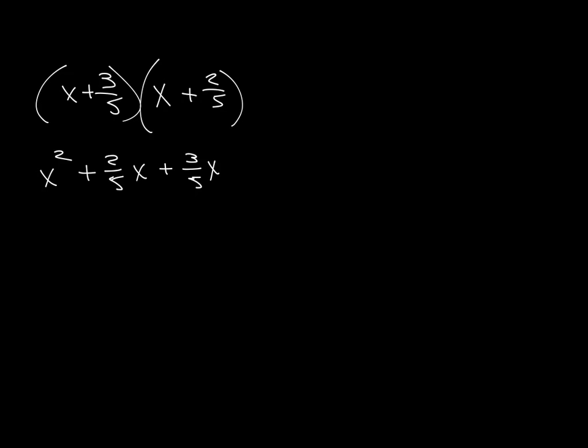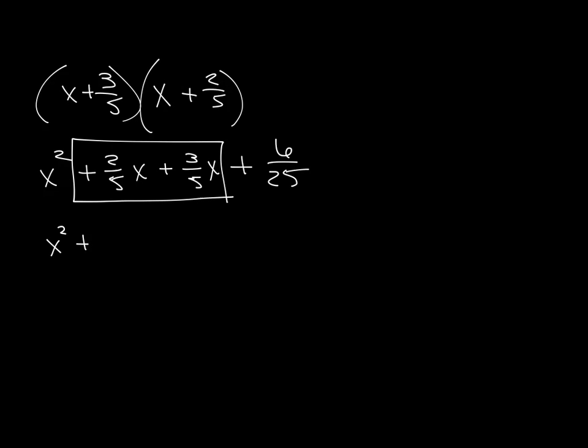And last, 3/5 times 2/5 is multiply the numerators, multiply the denominators. Okay, notice these both just have x's, so I can add those. In this case, we have a common denominator of 5. If we did not have a common denominator, we would have to make common denominators and then add them.